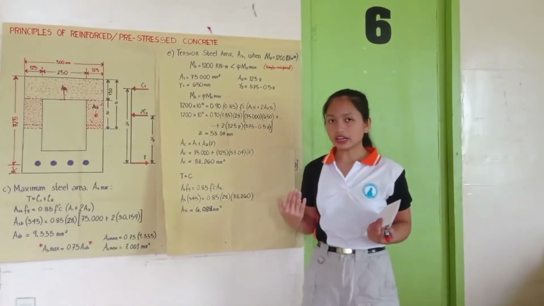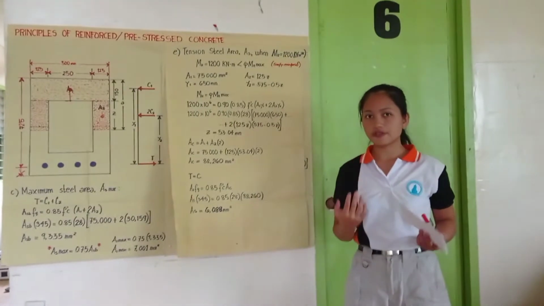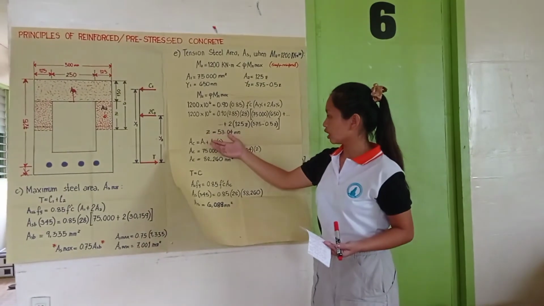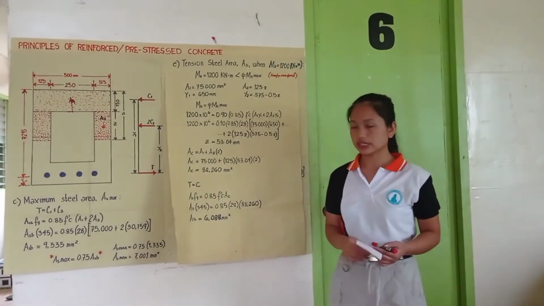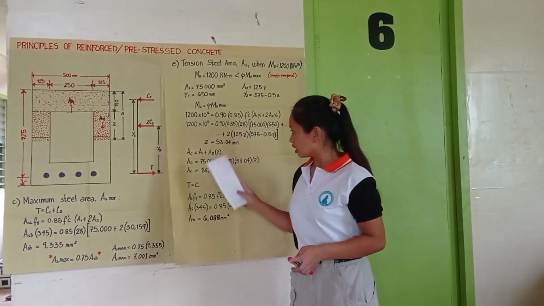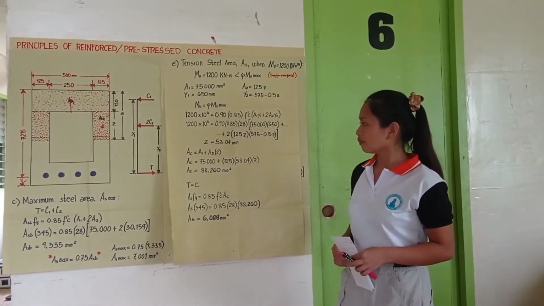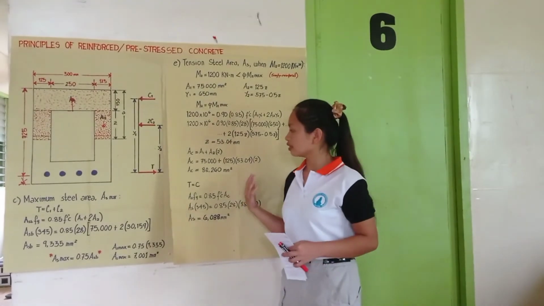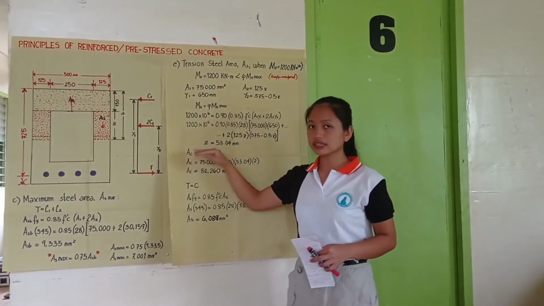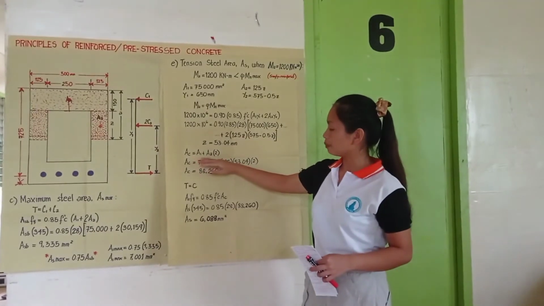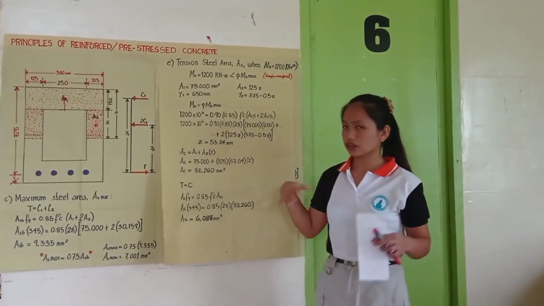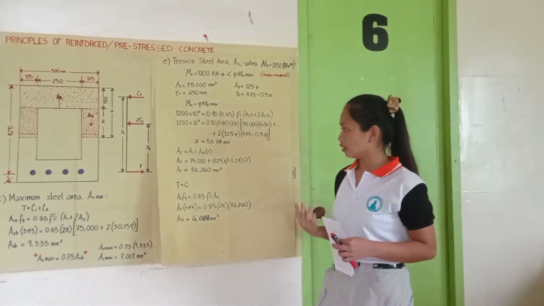Using our calculator, we arrive at the value of Z, that is 53.04 millimeters. And that is very essential for our next solutions. We will use the next formula, that is AC equals A1 plus A2 times 2, since there are two areas.